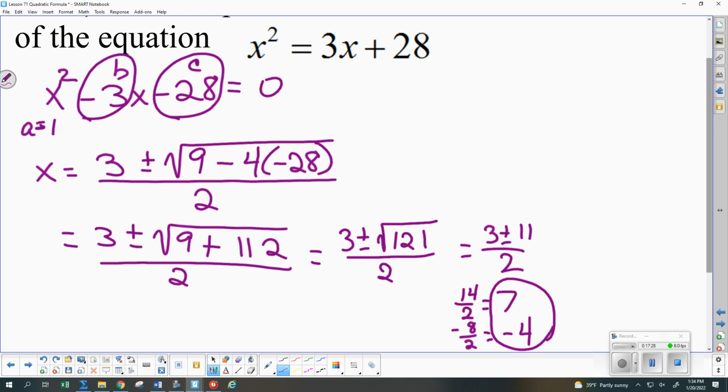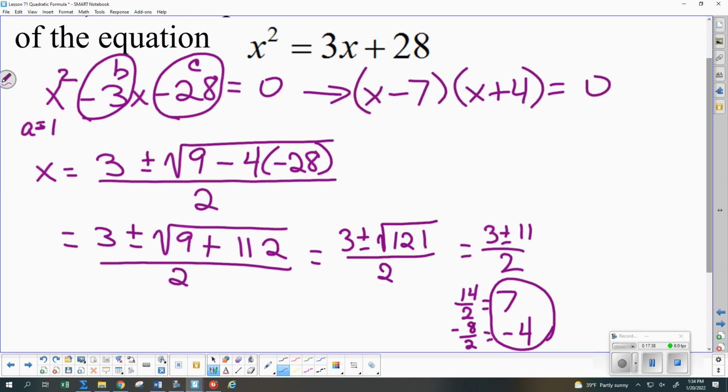Integers. That means I could have factored the thing in the first place. I could have said that this was x minus 7 times x plus 4 equals 0, and I would have gotten the same answers by factoring, right? Let's see what happens when we have integers, or when we have real number answers and not imaginary numbers.